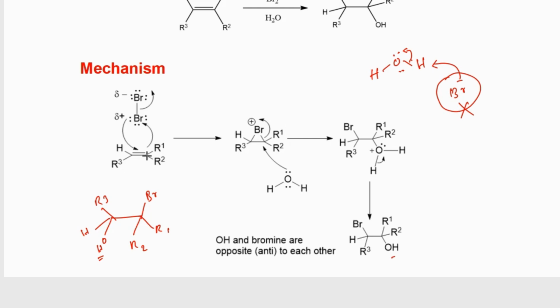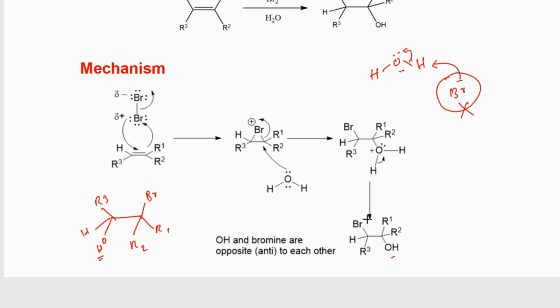You see here this alkene carbon is substituted with R1 and R2, but here there is only one carbon and the other is hydrogen. That means this is the less substituted alkene carbon, so this carbon is the more highly substituted alkene carbon. That's why whenever a halohydrin reaction takes place, the OH will always be added at the more highly substituted alkene carbon. This we should remember.